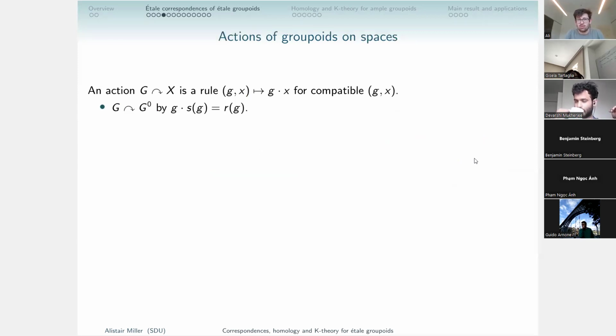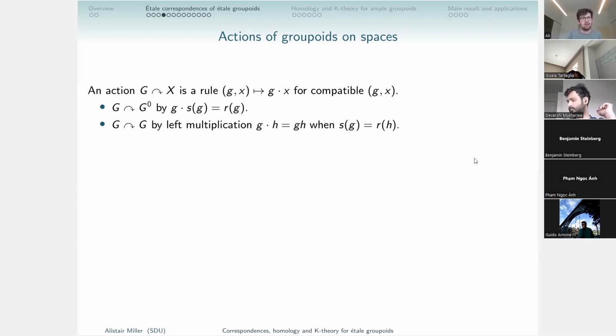So just like groups, groupoids can act on spaces. It's just a little bit more fiddly. And fundamentally, we still want to be writing things like g.x, where g is in your groupoid and x is in your space. We just have to say that they're compatible somehow. So we've got the trivial action where an arrow takes its source to its range. Left multiplication still works as an action, and you just have them act whenever it makes sense.